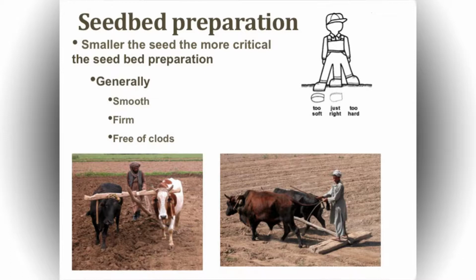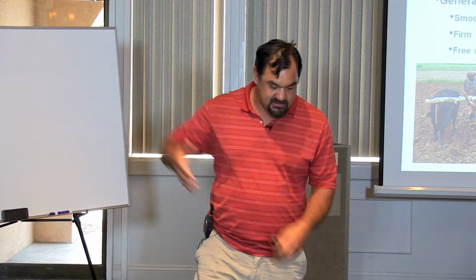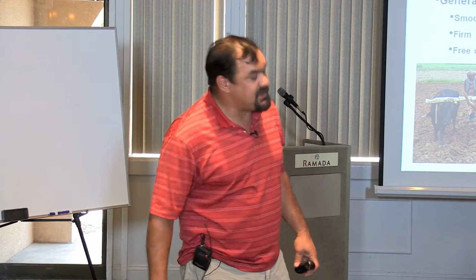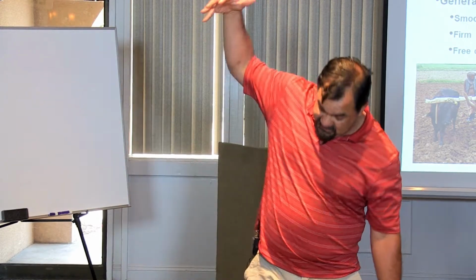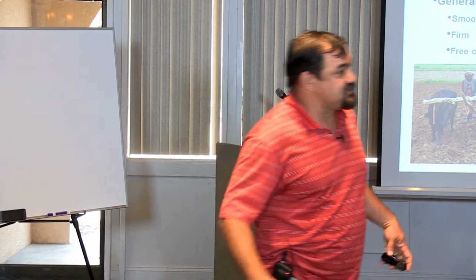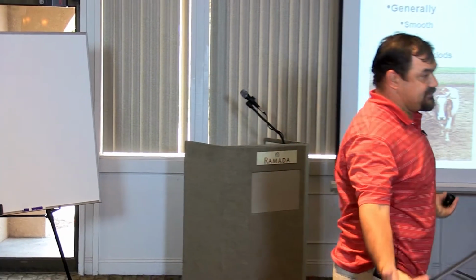So let's start by talking about planting. When we get ready to plant, the first thing that we're going to do is probably plow the soil. In this case, the plow is nothing more than a relatively large metal implement, usually. The concept of the plow is that it digs down in, takes the soil, lifts it, and flips it.